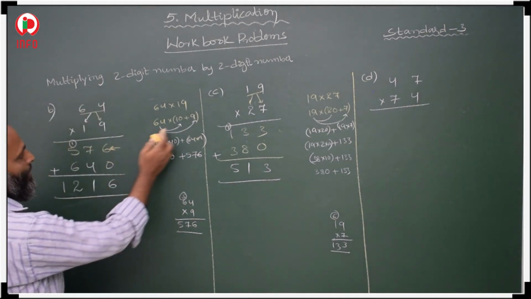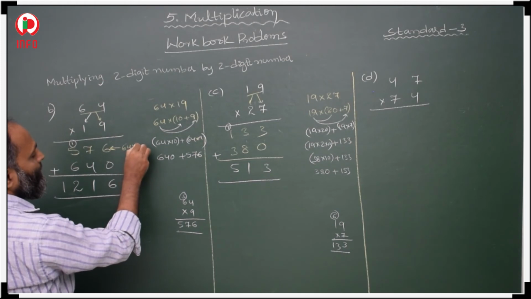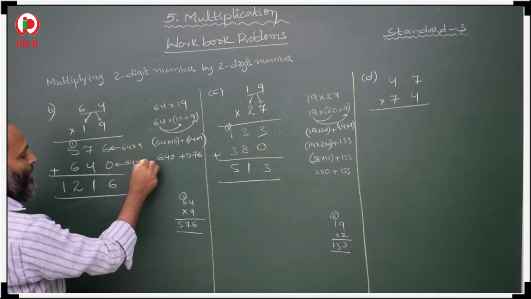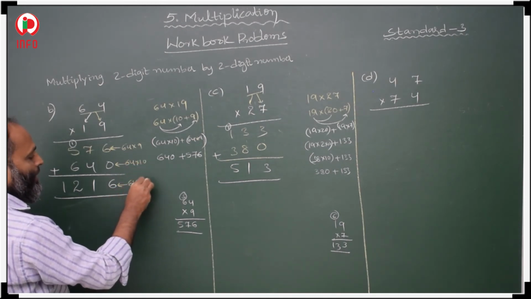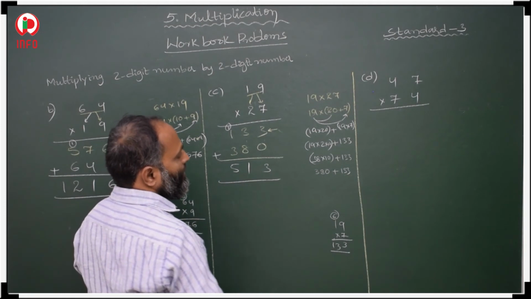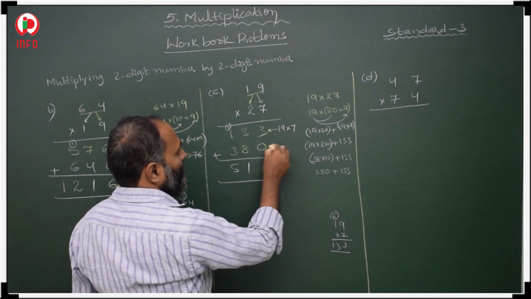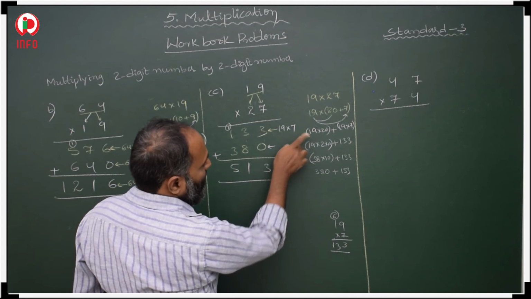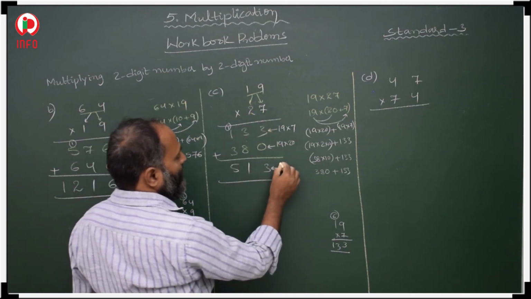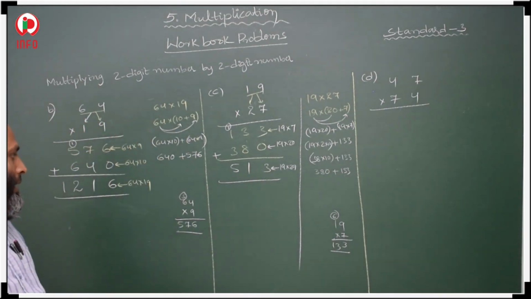This represents 19 27s are. In the same way, 133 represents 19 sevens, 380 represents 19 20s, and 513 represents 19 27s. You have to write everything.